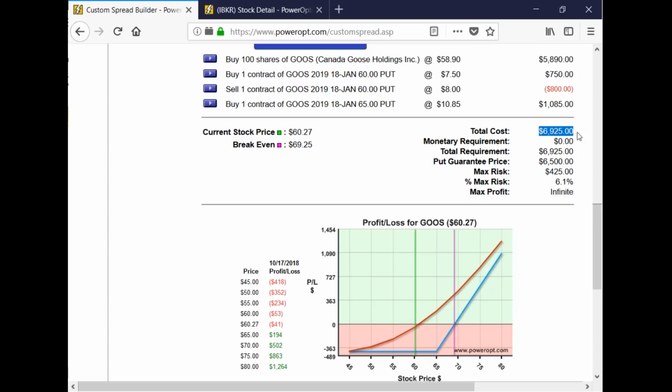I'm increasing my cost basis in this case, but I'm going through earnings with an unlimited upside at only a 6.1% risk, which is lower than any of the combinations we just looked at. Okay, so that's another thing to consider. You could also move it in depending on how far out your put is as well. It's another idea. Okay, so Rhajiv, is it better to buy it back or to buy the extra call?